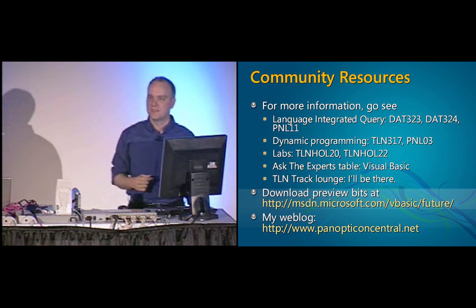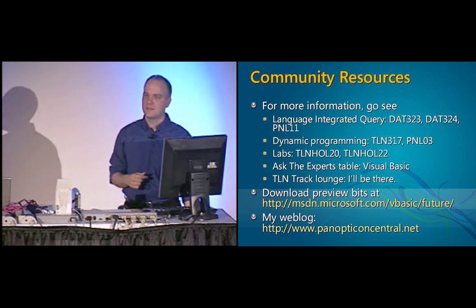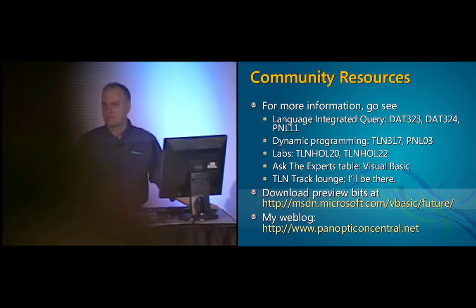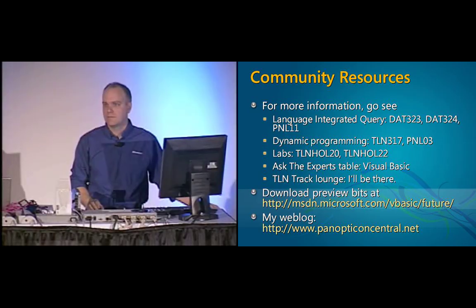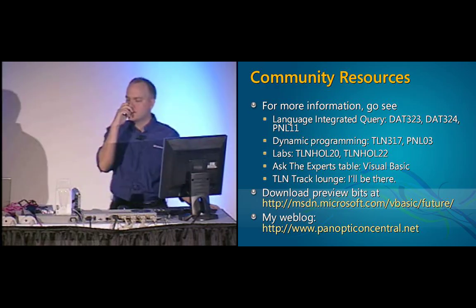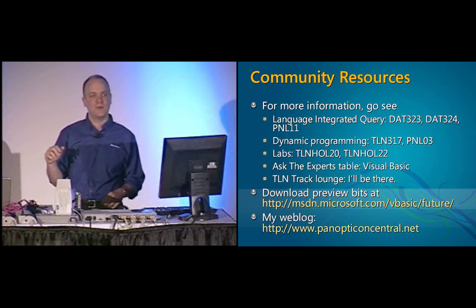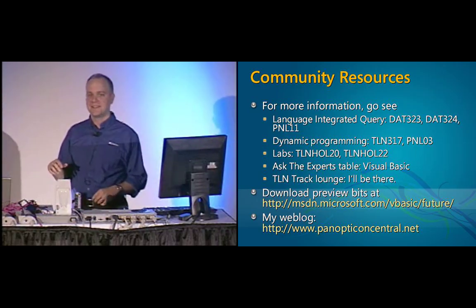When you say Visual Basic right now is native XML, are they changing the behavior of the ToString method so that all the ToString output is XML? No. Sorry, if we could keep it quiet for the Q&A, please. Thank you.